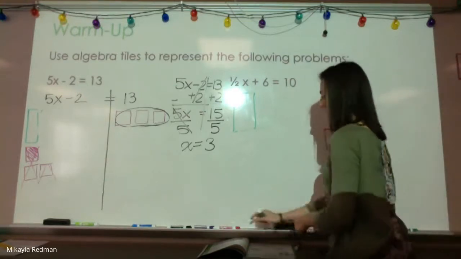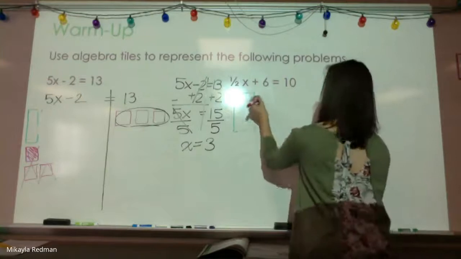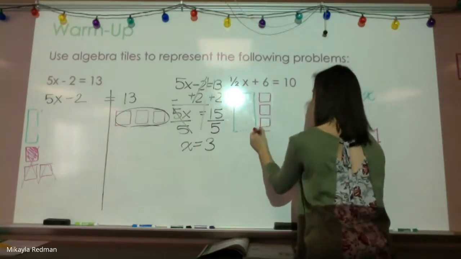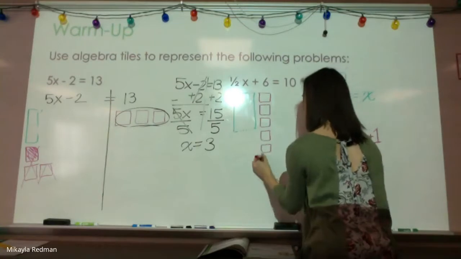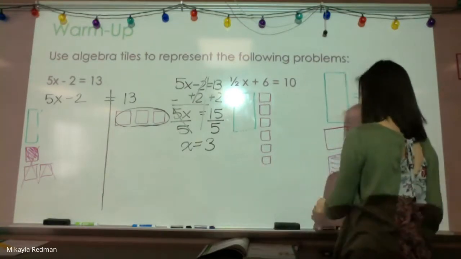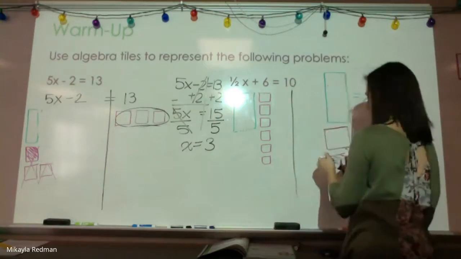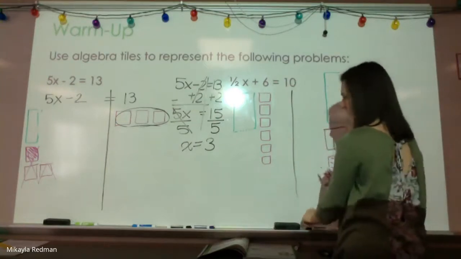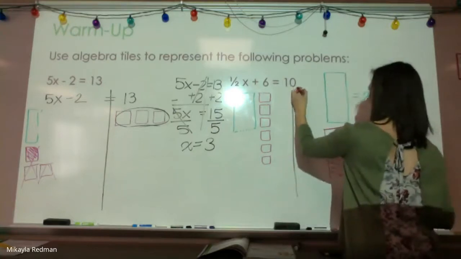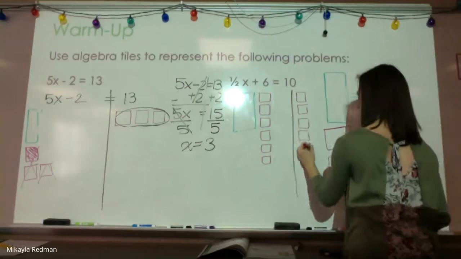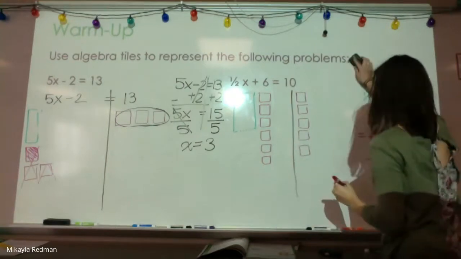And then I have 6 ones. And on this side of the equation, I have 10 ones. I'm going to erase this.